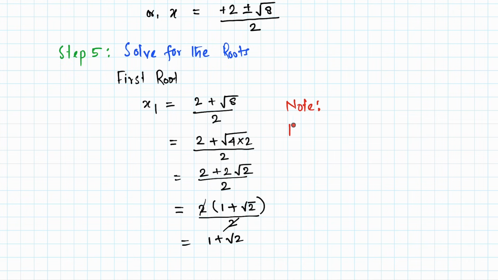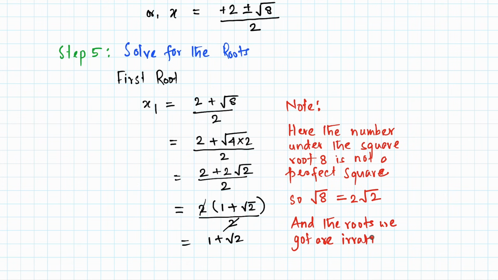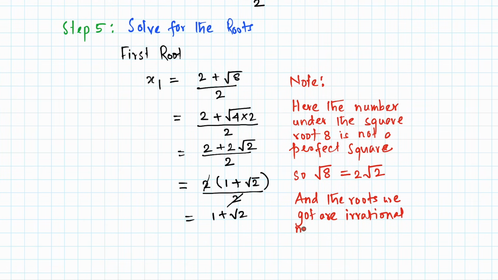Now, an important note. Here we can see the number under the square root is 8, and it is not a perfect square. So root over 8 is equal to 2 root 2, and the roots are irrational.